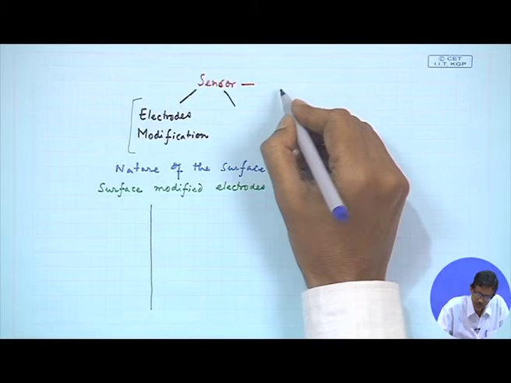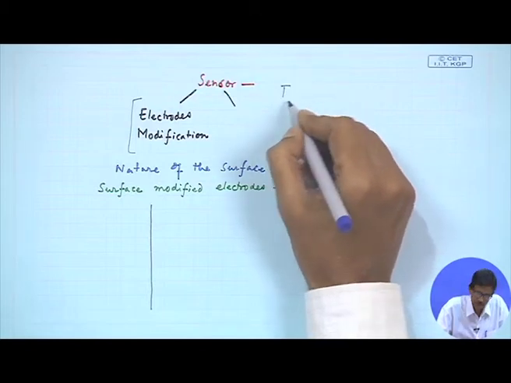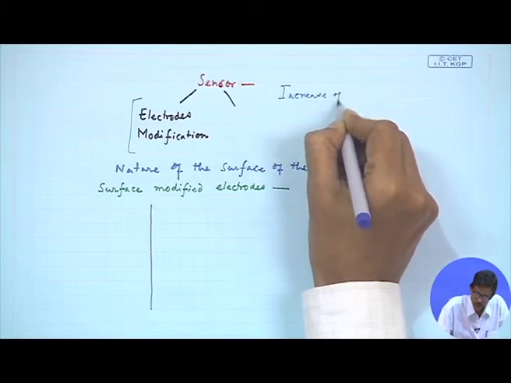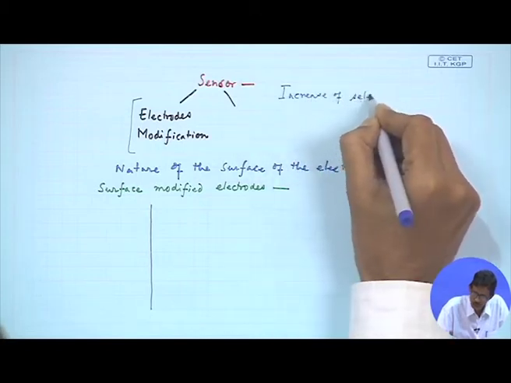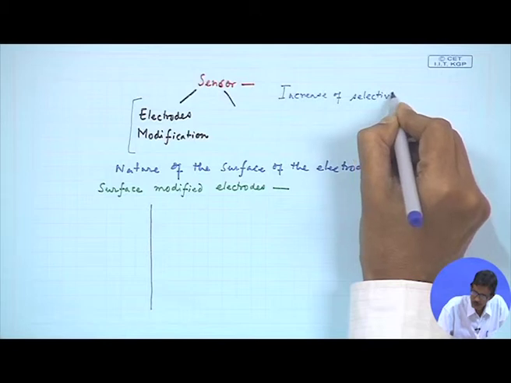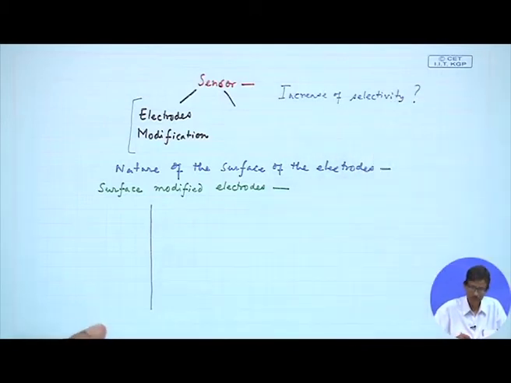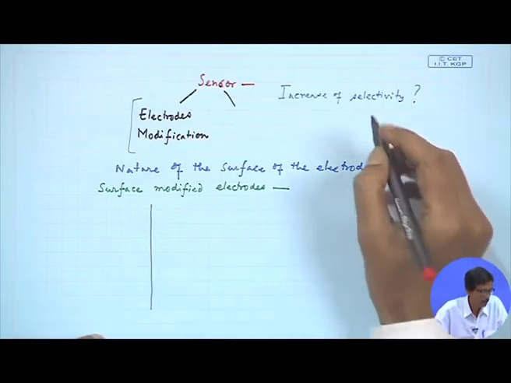So, how can we increase the selectivity for these species? We can do this by attaching some membrane.